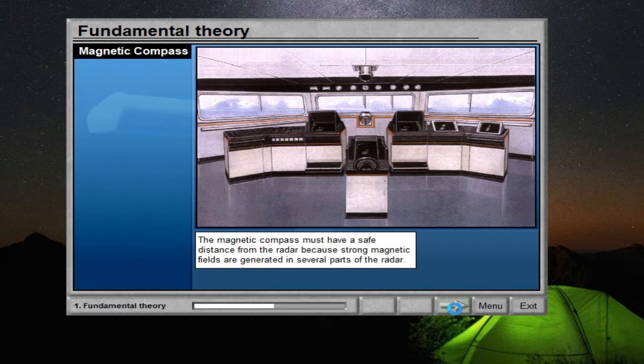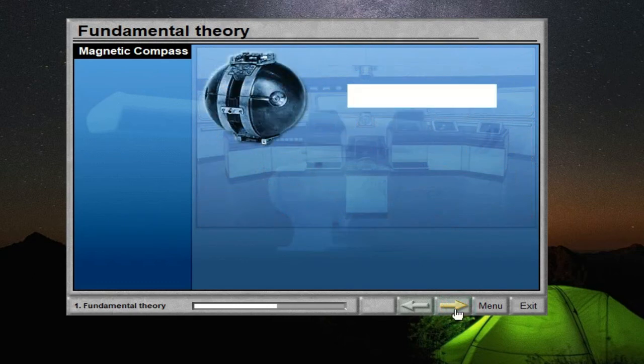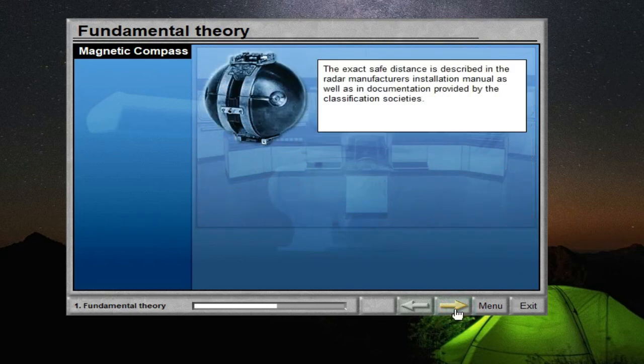The magnetic compass must have a safe distance from the radar because strong magnetic fields are generated in several parts of the radar. The exact safe distance is described in the radar manufacturer's installation manual, as well as in documentation provided by the classification societies.